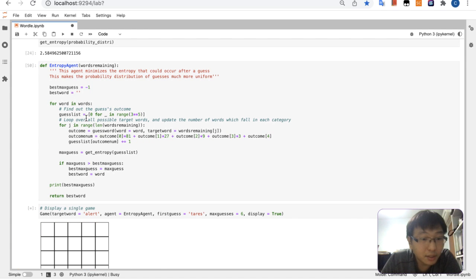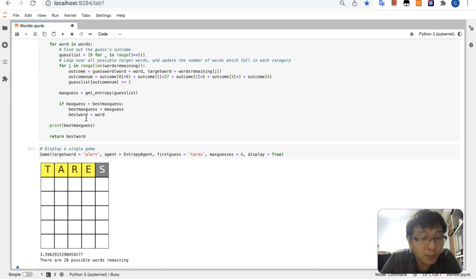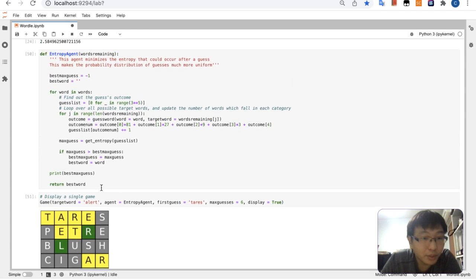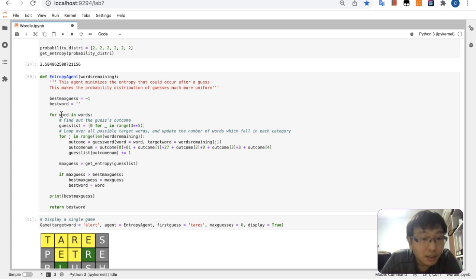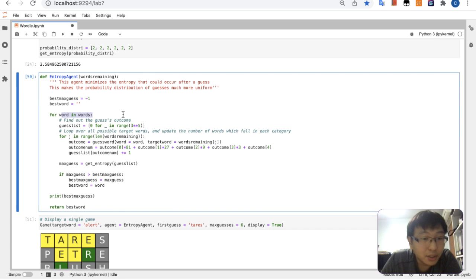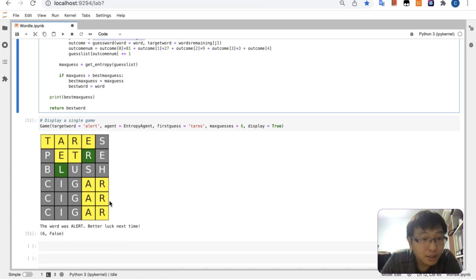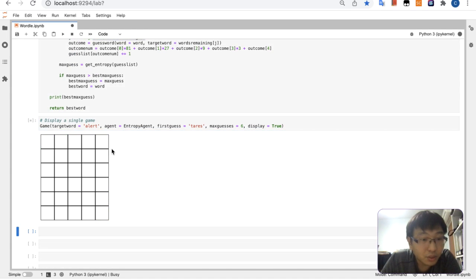Okay, let's try that again. It means that when there's only one possible word remaining, we should just guess that one word, right? Because for word in words, I guess cigar is the highest entropy once there's only one word left.